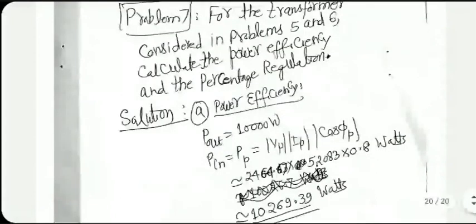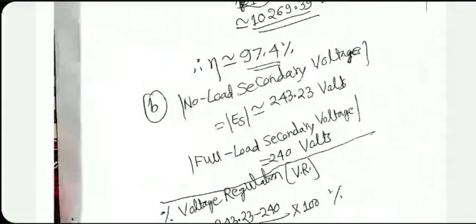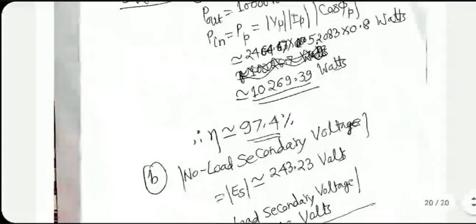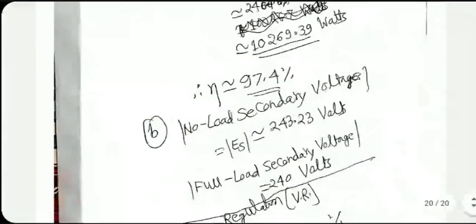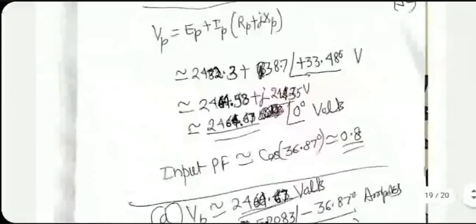I told you that the basic definition is no load secondary voltage minus full load secondary voltage, magnitudes, both. Magnitude of no load secondary voltage minus magnitude of full load secondary voltage divided by magnitude of full load secondary voltage, and the entire thing multiplied by 100. At no load, obviously, the full ES would appear at the output.